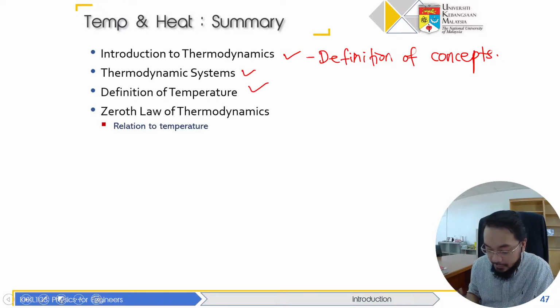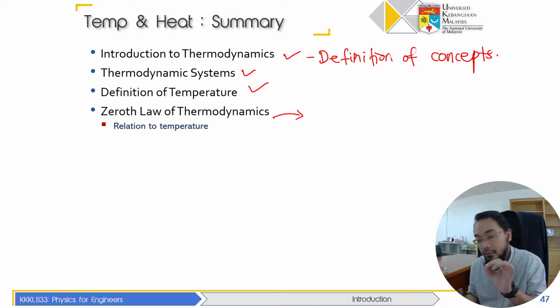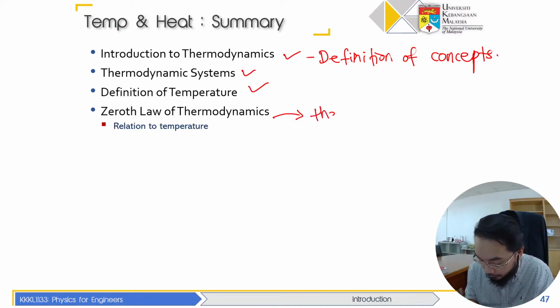And then we looked at the zeroth law of thermodynamics. Let's recall, the zeroth law is the law that describes the condition for thermal equilibrium, and thermal equilibrium is determined by the temperature of the objects.